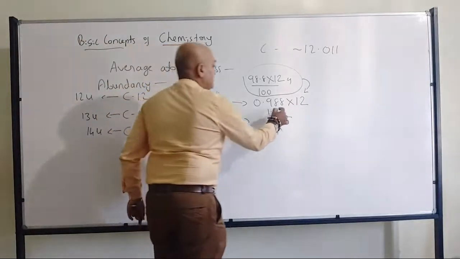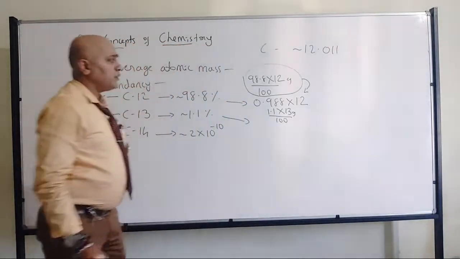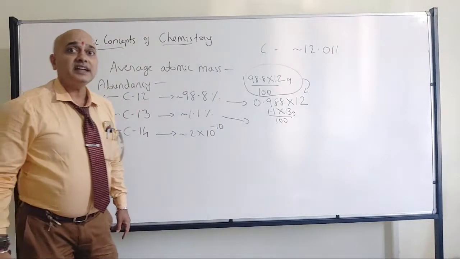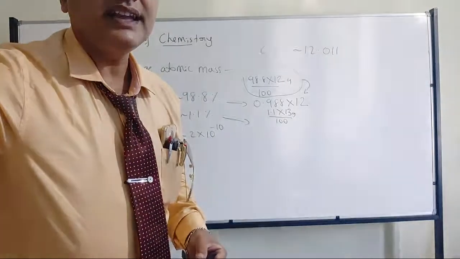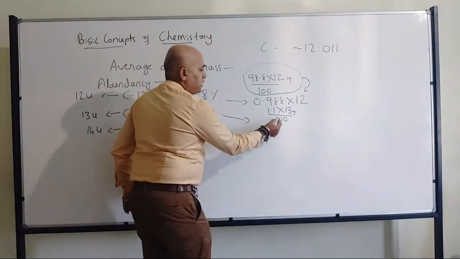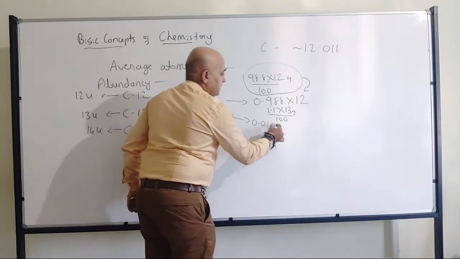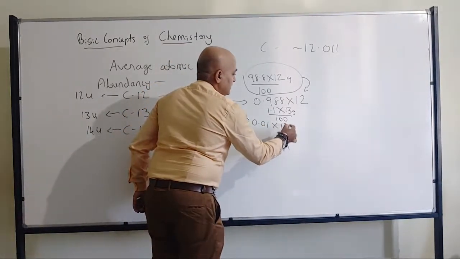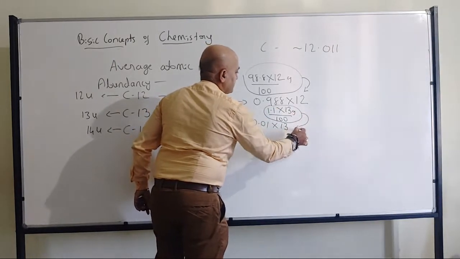How much will be there in 13 gram? I will repeat, don't worry. So 1.1 divided by 100 is nothing but 0.011 multiplied by 13. So this one we have got from here.